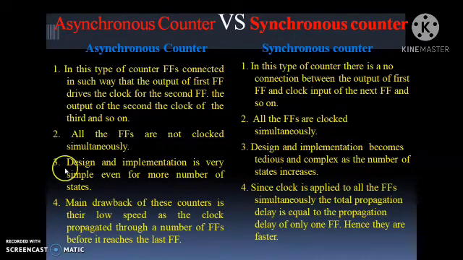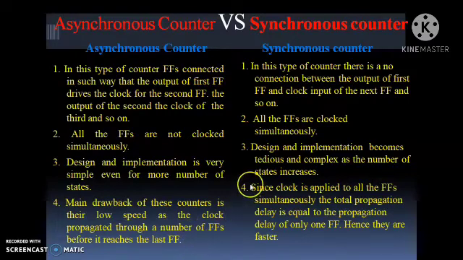Third point, asynchronous. Design and implementation is very simple even for a larger number of states. Third point, synchronous. Design and implementation become complex as the number of states increases. Fourth point, asynchronous. The main drawback of this counter is low speed, as the clock propagates through a number of flip-flops before it reaches the last flip-flop.